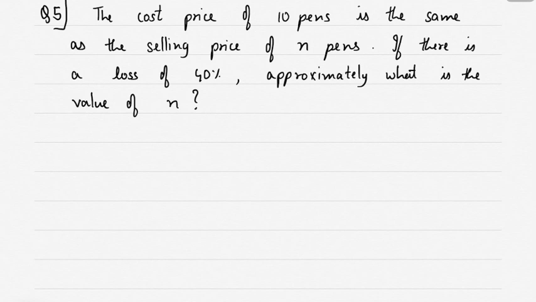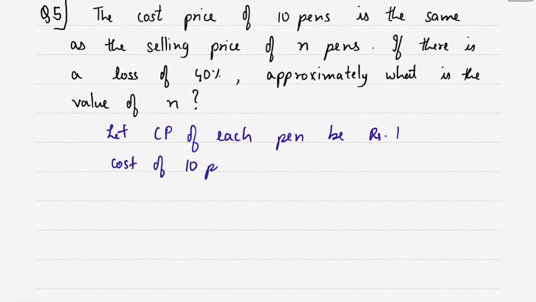So let cost price of each pen be rupees 1. If cost of one pen is 1 rupee, that means cost of 10 pens would be 10 rupees. Correct?